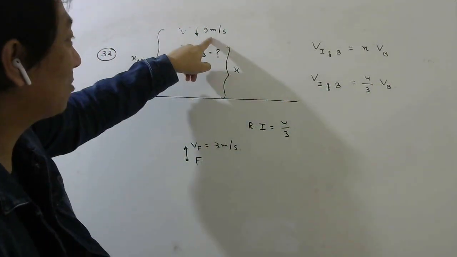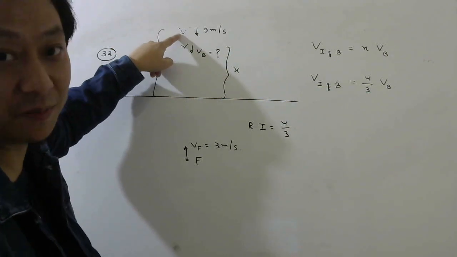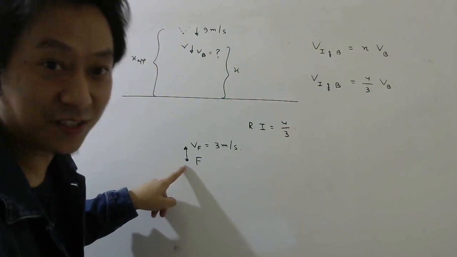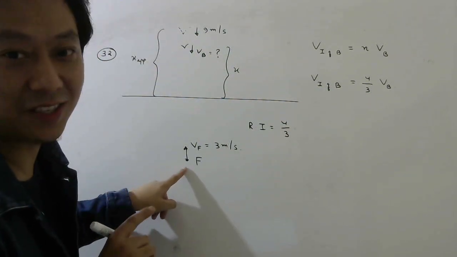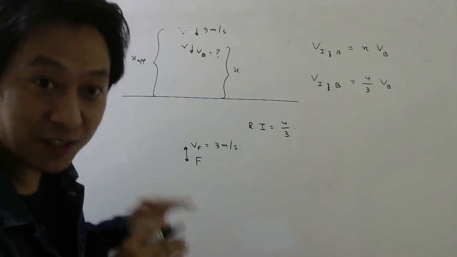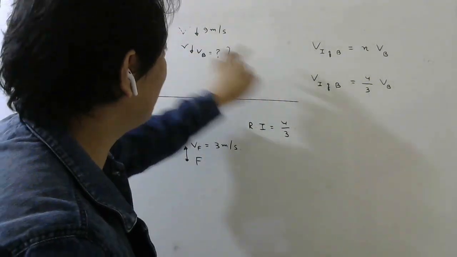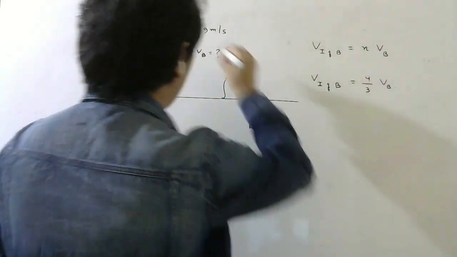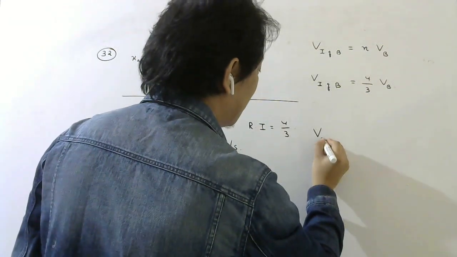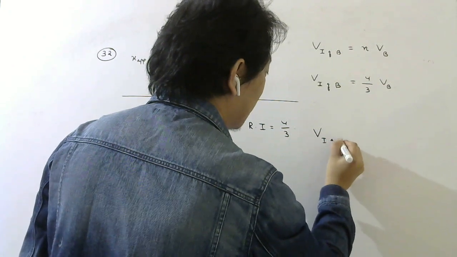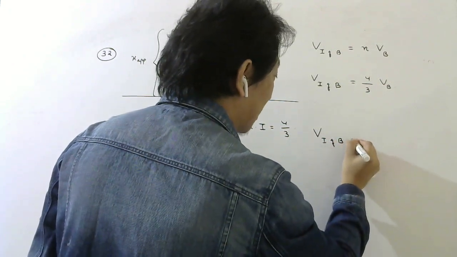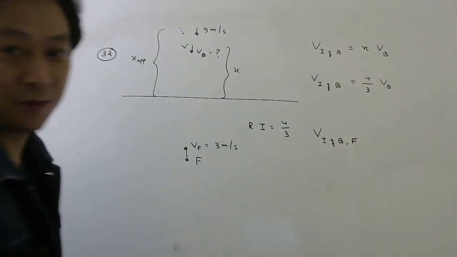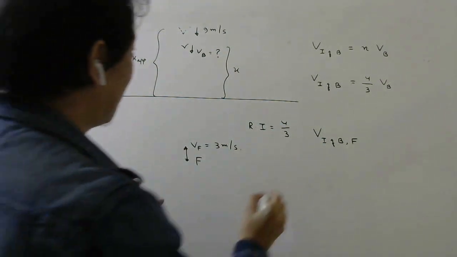This 9 was what? The velocity of image of the bird as seen by the fish. And the fish is not stationary. The fish is moving. If the fish was stationary, then we could write this 9 directly here. But the fish itself is moving. So this 9 is the velocity of image of bird with respect to fish, right? So that is your 9.